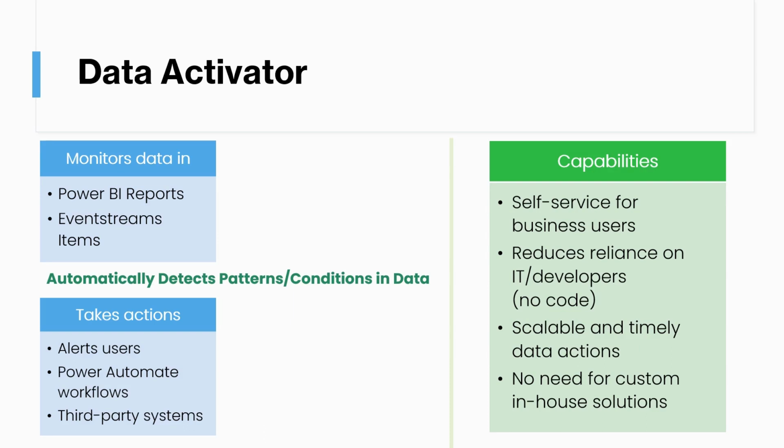If the temperature is greater than 50, it's too warm. So Data Activator is going to select the temperature column, and then it's going to detect if the temperature is higher or lower than 50. And then it's going to send an email if the condition is true. So in this case, we are automatically reducing manual work and enhancing our processes.